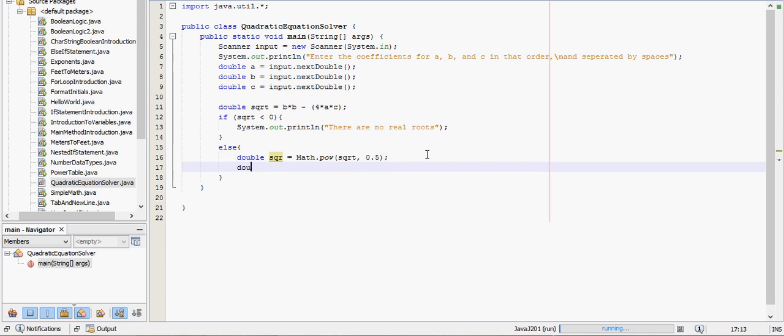So let's calculate both our answers. Double largeAnswer equals, we'll need negative b, so b times -1, and then that'll be plus sqr, and that will all be divided by 2a, 2 times a.